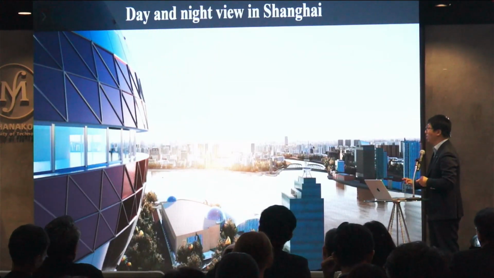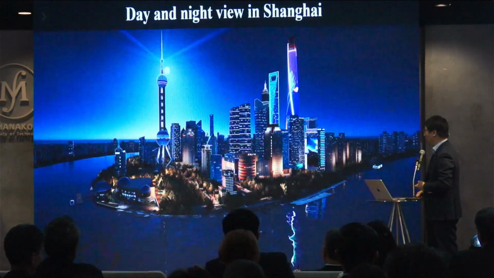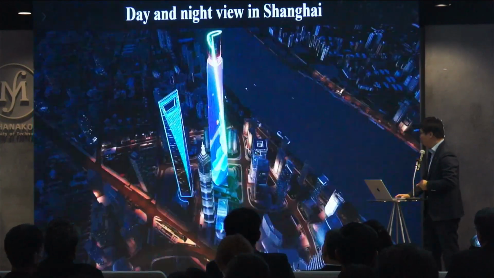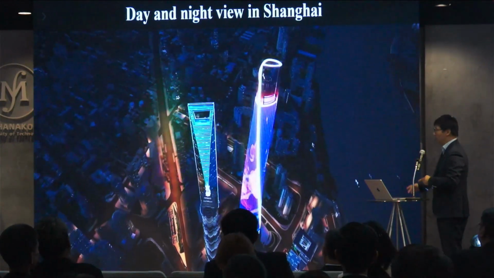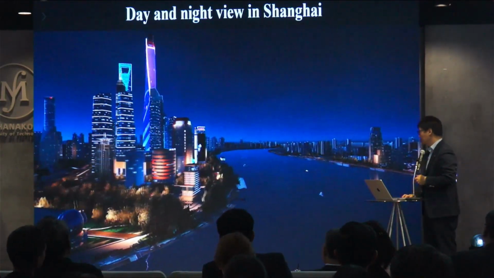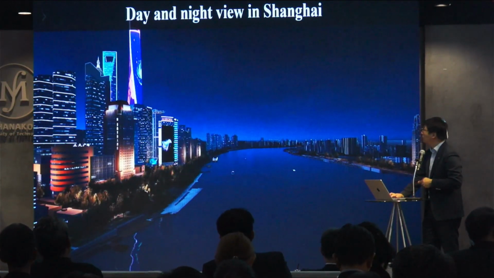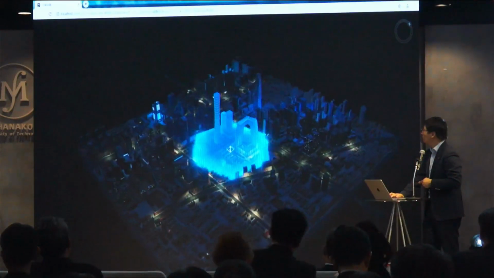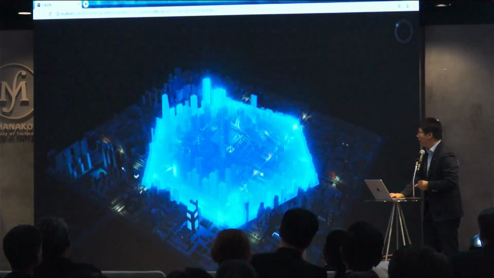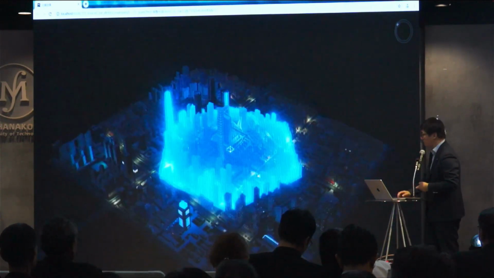All the techniques we use are in real time, rendering over maybe 700 kilometers of models with animations on the buildings. We also provide many special 3D effects to make the 3D scene more realistic.